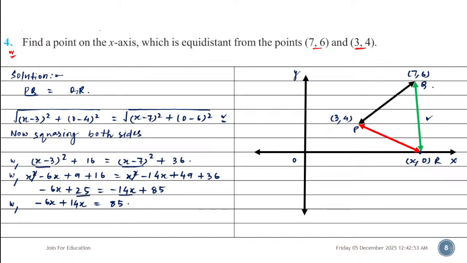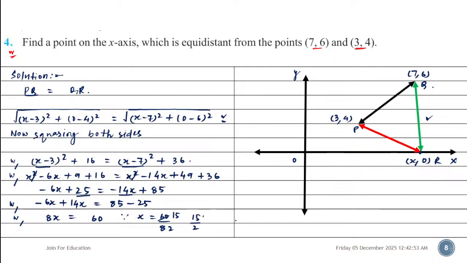So 14x minus 6x, that is 8x, equal to 60. Therefore x equals 60 by 8. Dividing by 4, then by 2, the value of x will be 15 by 2.